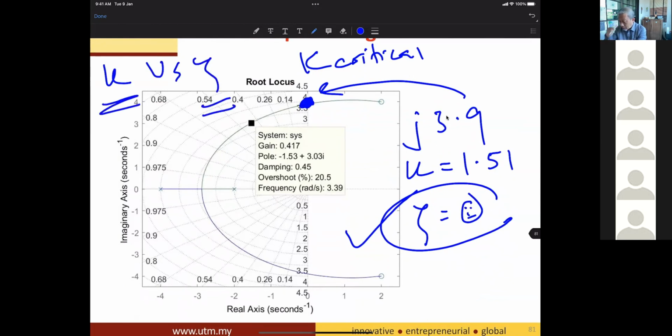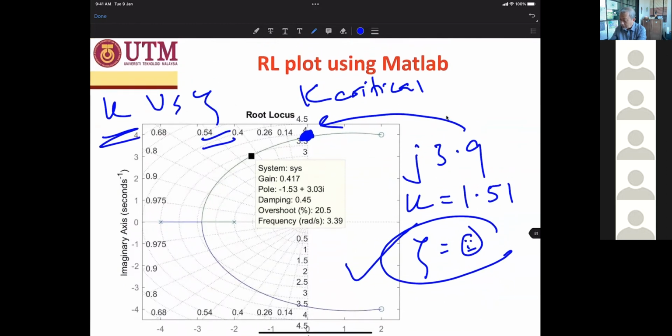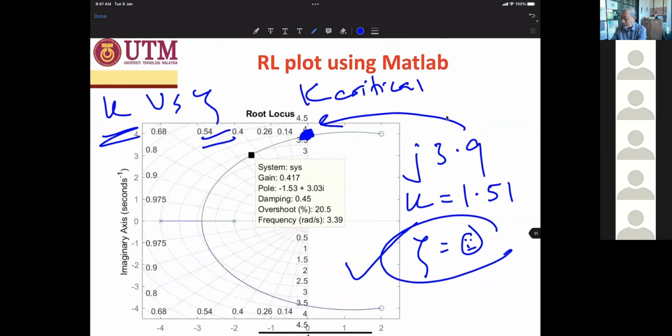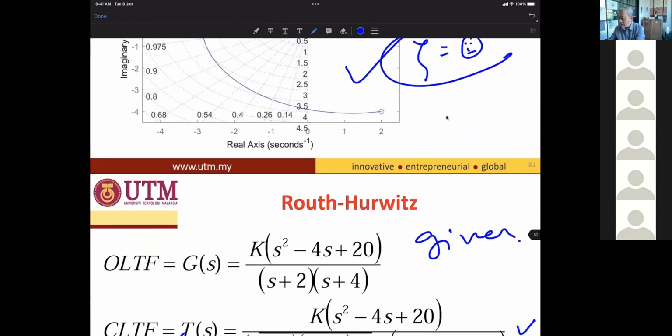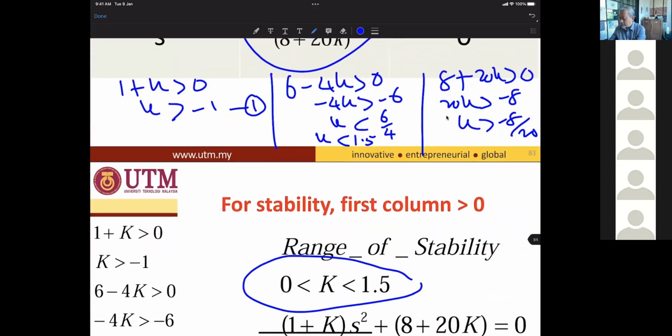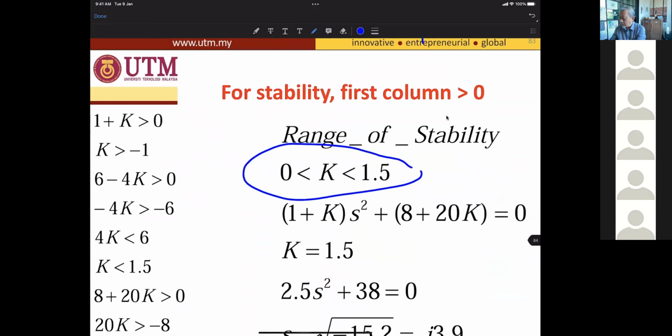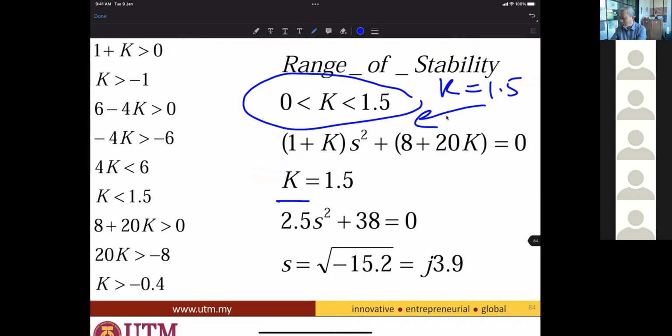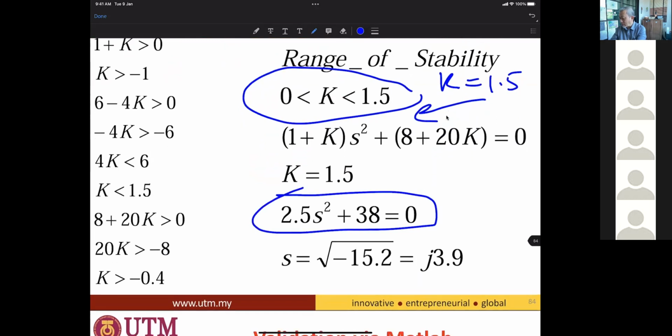At this point, the gain is critical, the zeta is 0. In order to make the system critical, k is equal to 1.5. If 1.4 stable, 1.49 stable, 1.5 critical, 1.55 unstable.